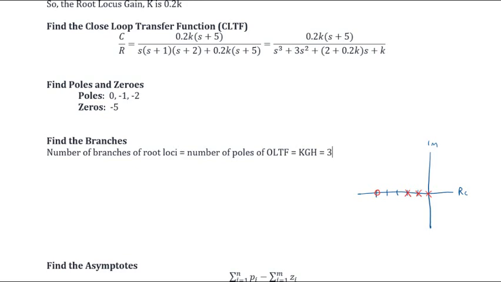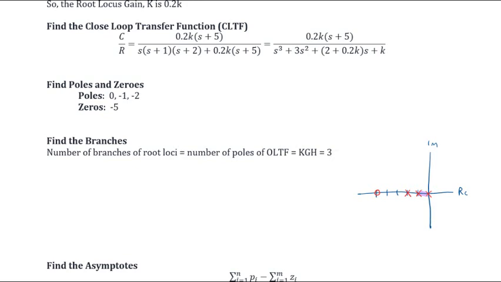Then we can determine where the branches would be located, and we'll use purple here. In this region right here, are there poles and zeros that, when added together, are an odd number? Yes, we've got 1 pole to the right of that.